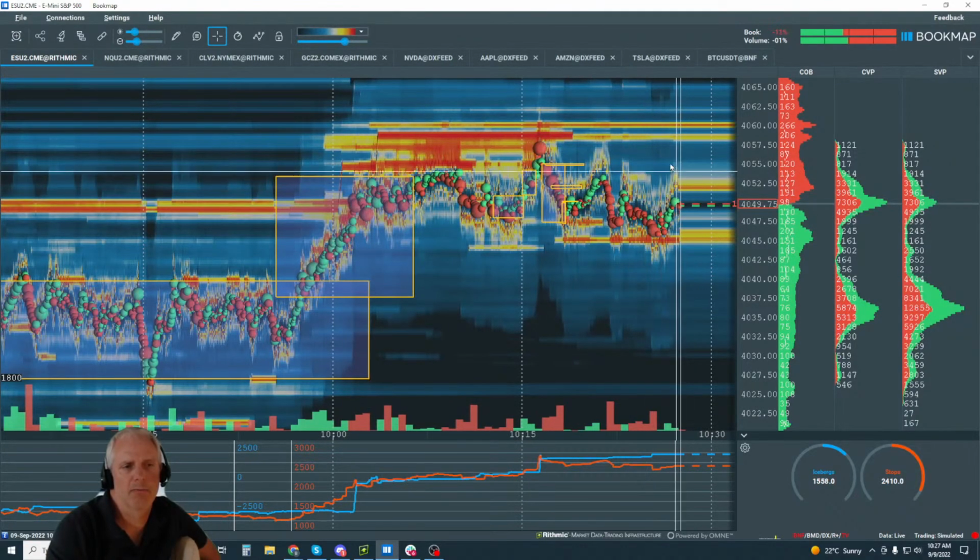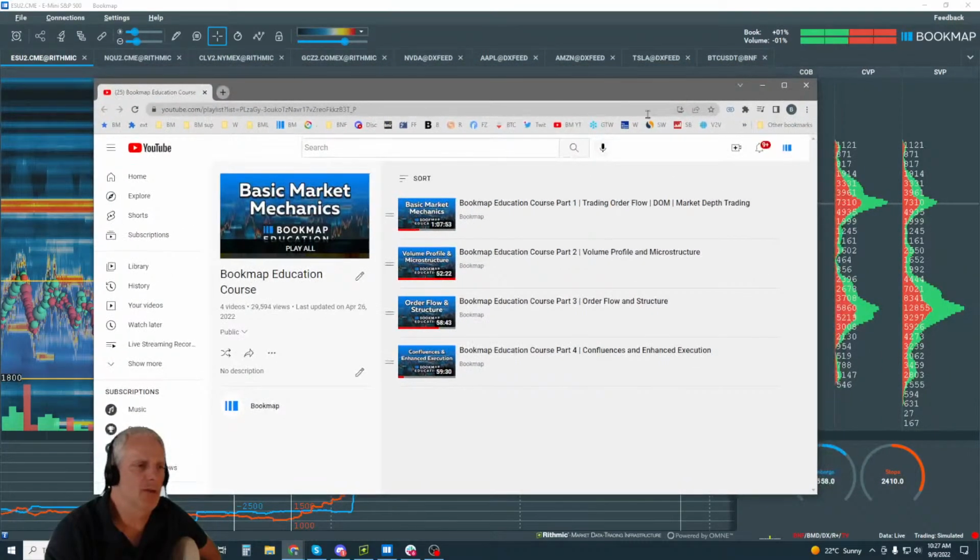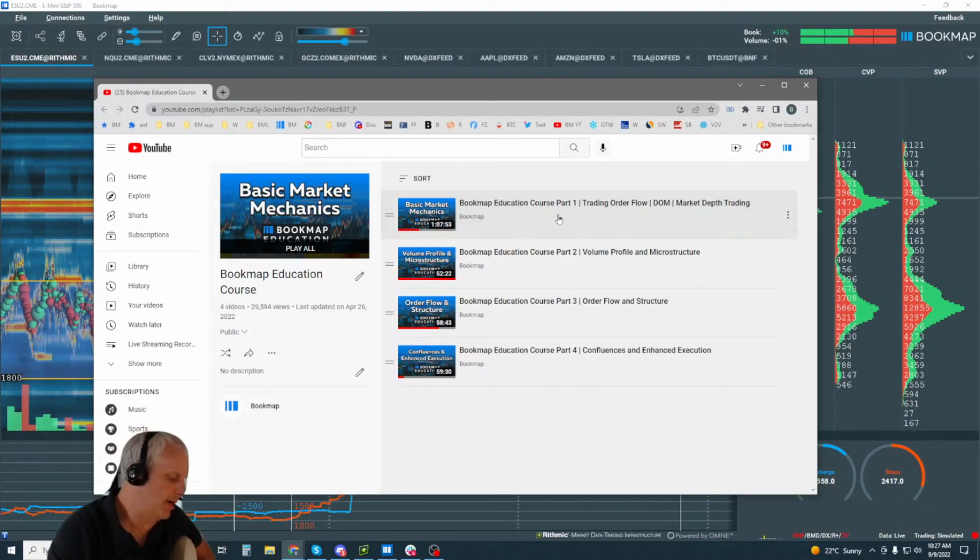It's really digging into the market mechanics, to understand how the markets work, and this is the fundamental. The link takes you to the course here, the 4 parts, and if you're new to Bookmap, even if you are a veteran trader, I would still recommend parts 1 and 2 at least, especially part 1.